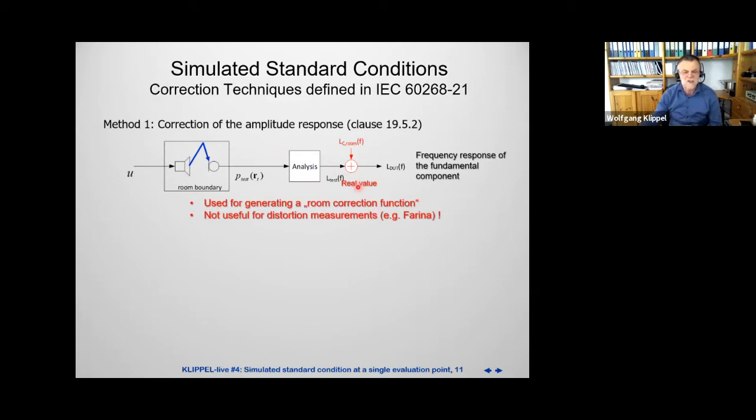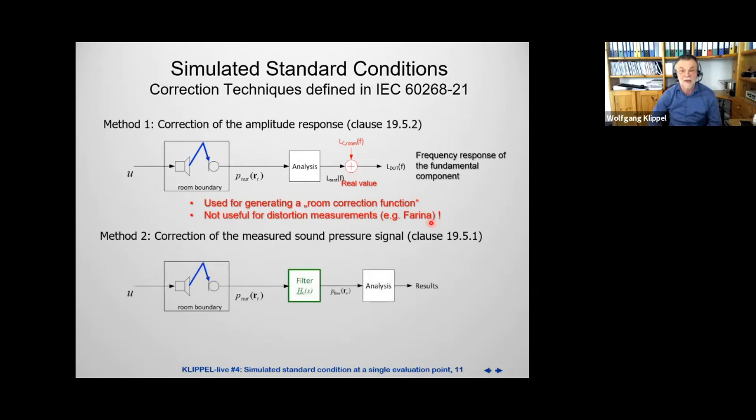Unfortunately, this way cannot be used for harmonic distortion measurement, especially it cannot fix the problem if we are using the Farina technique with the chirp. But the standard provides a second method, and that corrects directly the problem at the root cause. Just after the microphone, we are inserting here a complex filter, which transforms more or less the measured sound pressure signal at the test point to maybe a second point in the far field at 1 meter, by compensating also for the room reflections.